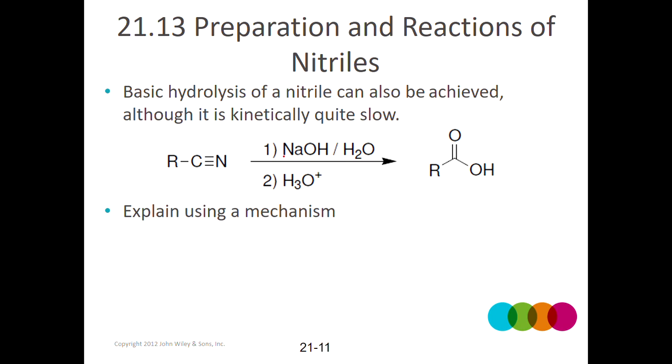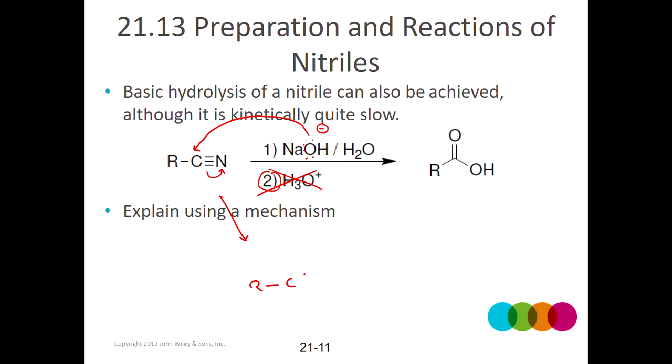So we could also imagine this working under basic conditions, but I'm not going to spend a lot of time on this because it's not very likely to occur, because you've got a negative on an oxygen. So there's no H3O plus, that wouldn't be added till a second step. But we really aren't even going to get that far, because if this oxygen attacks, it would have to shift electrons to the nitrogen.